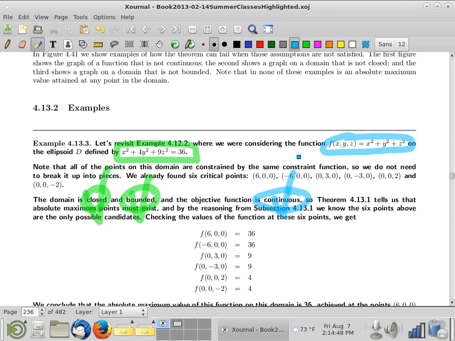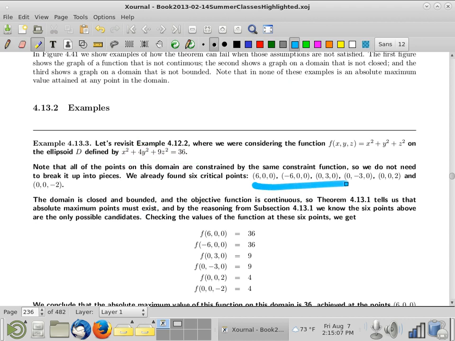So the theorem on the previous page tells us that this absolute maximum point that we're looking for, the point on the ellipse which finds the absolute maximum value of this function, must be there somewhere. Knowing that, we look at our existing critical points, so we know that these are the only possible points that could be even local maxes, much less the global max. The global max exists, therefore it's got to be one of these.